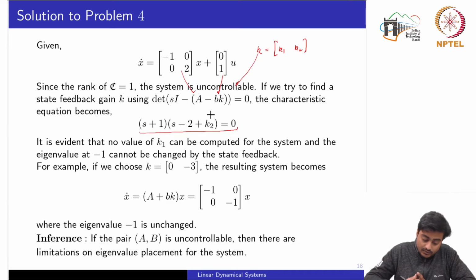And this inference you can also obtain by using the uncontrollable decomposition, and then extracting the controllable part and the uncontrollable part. So the controllable part would be this one, and the uncontrollable part would be this one. And since the uncontrollable part has its eigenvalue on the left hand side, this system would at least be stabilizable.